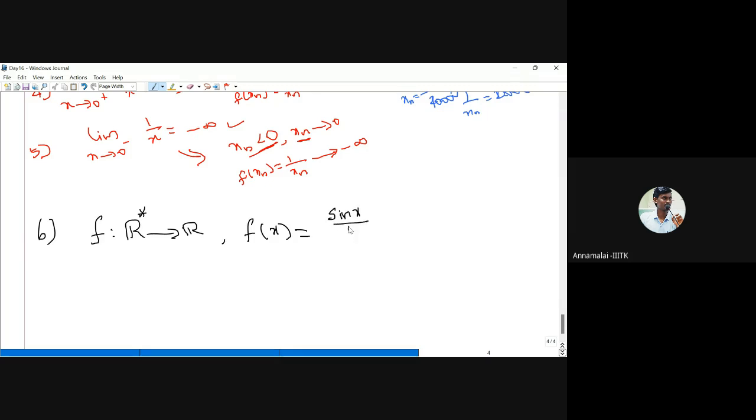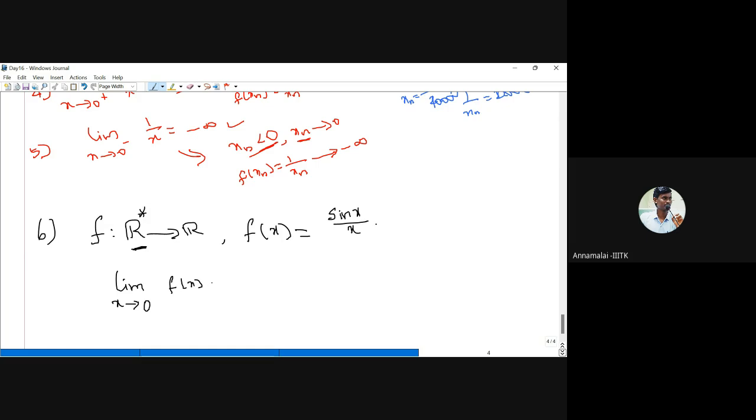Now we are talking about what is the limit at which point? Because the function is not defined at the point 0, we are expecting the limit of the function at the point x equal to 0.